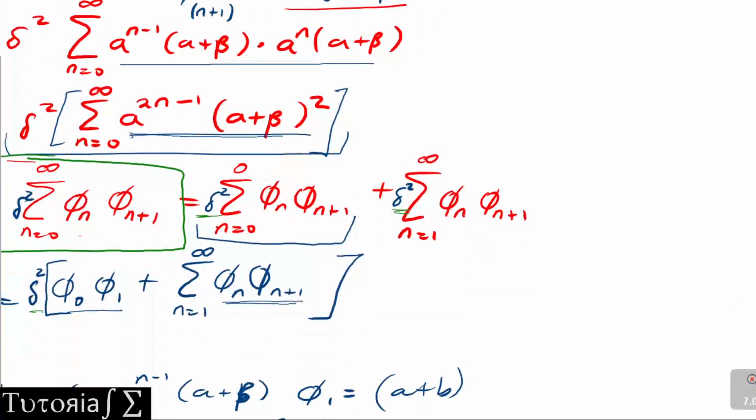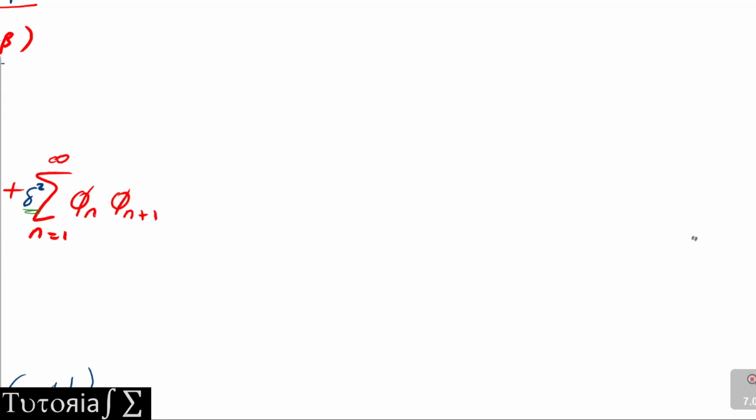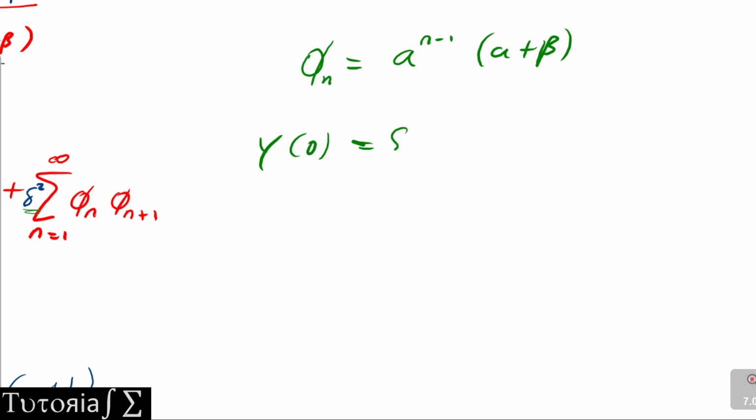So again, we know what phi n is equal to. That is a to the power n minus 1 of a plus beta. Then y0 is basically equal to the variance, then summing from n equals 0 to infinity of phi n.